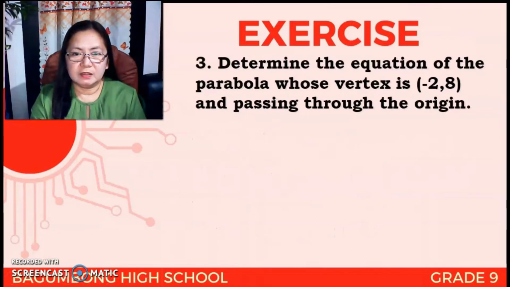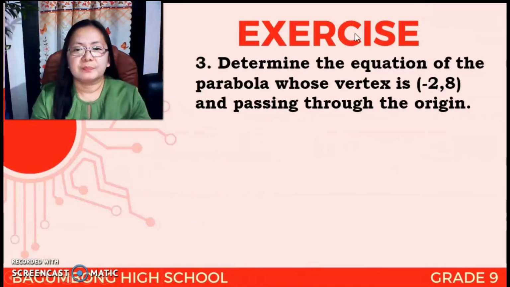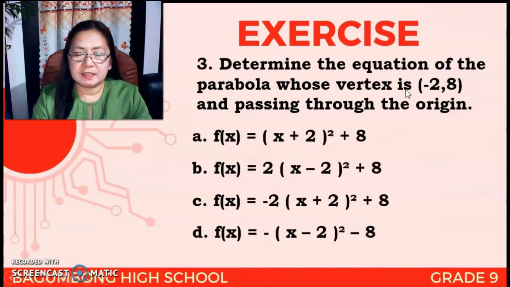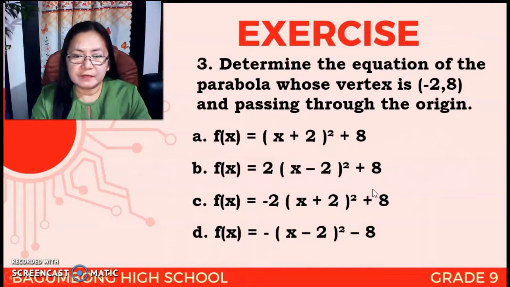So again, the vertex is at negative 2, 8. Since all the choices are written in vertex form, just look for the value of h, which is negative 2, and the value of k, positive 8.